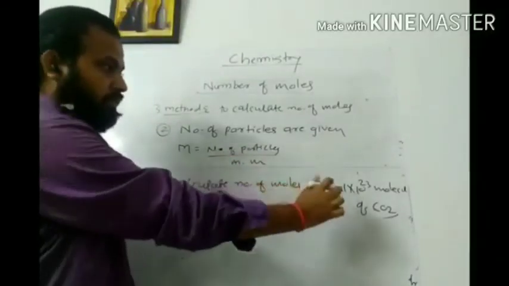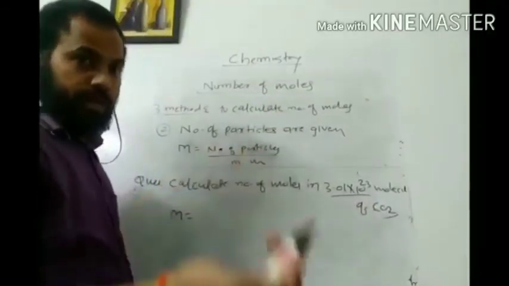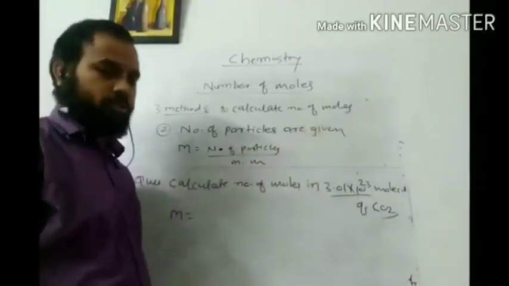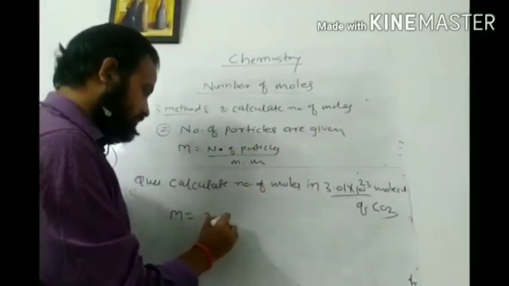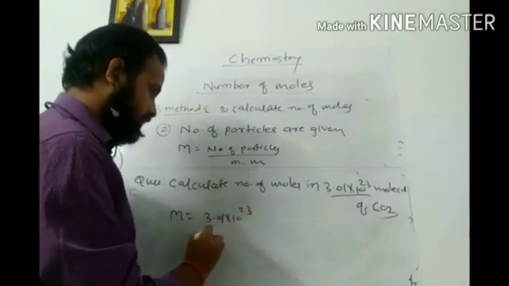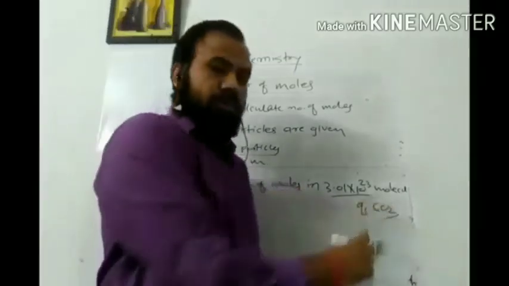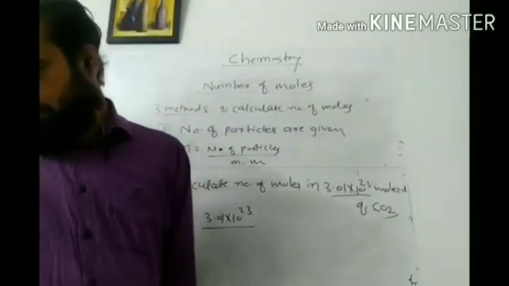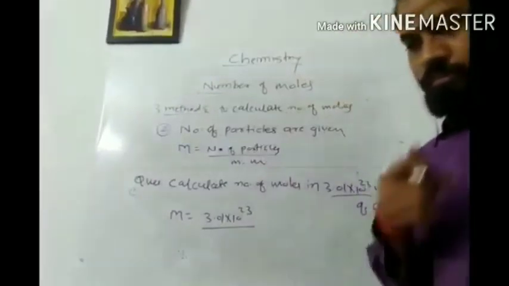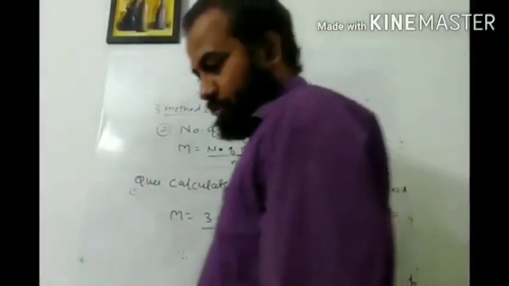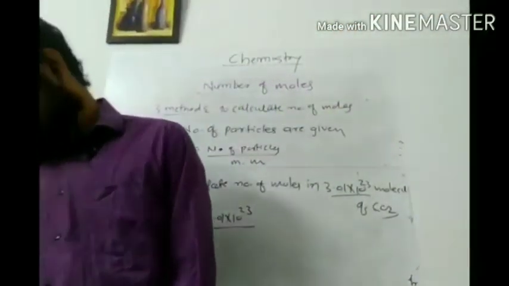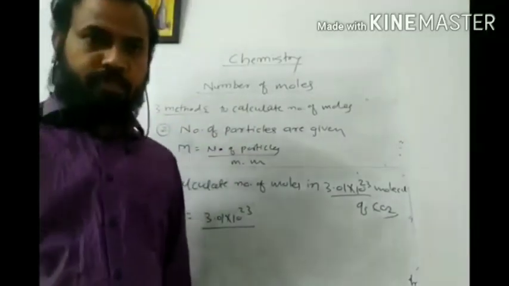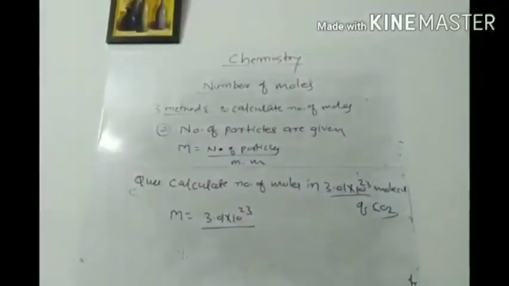Number of particles here may be molecules, atoms or ions; you can also say number of entities are given, no issue. Here it is given as 3.01 into 10 raised to 23. Only we have to calculate the molecular mass of CO2. You can calculate it, and it will give your answer in an easy way.